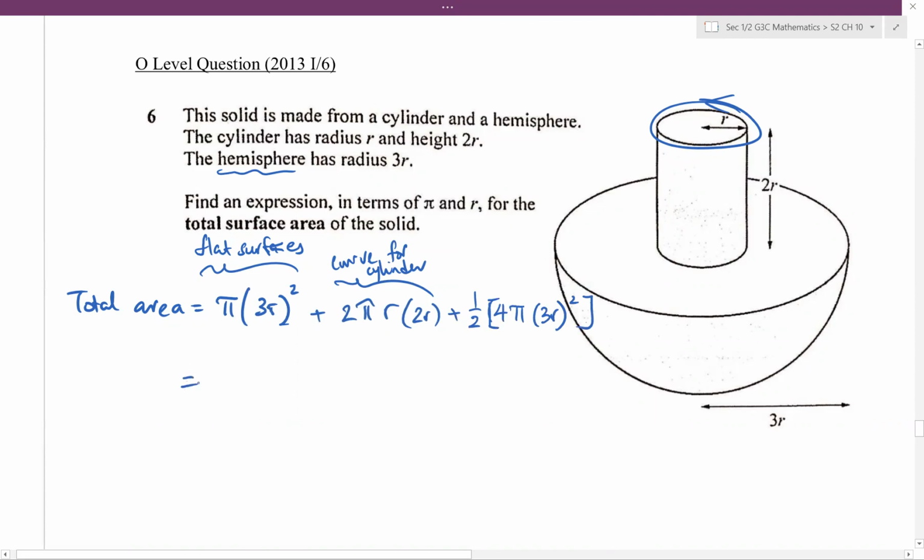Expand and simplify. So we get 9 pi r squared plus 4 pi r squared, and finally 2 times 9, which is 18 pi r squared. Total 27 plus 4, 31 pi r squared.